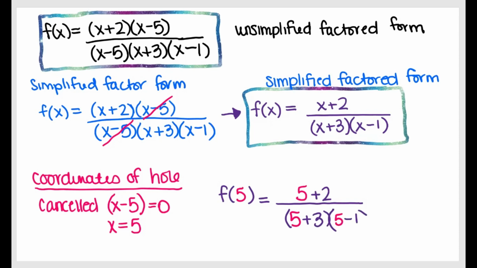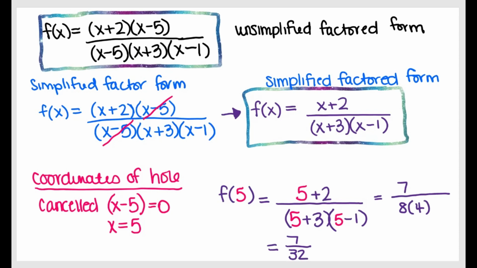Now from here, you can use your calculator or you can work on your mental math. We have 7 up top, all over 8 times 4, and we get 7 all over 32, which doesn't reduce, and that's fine.